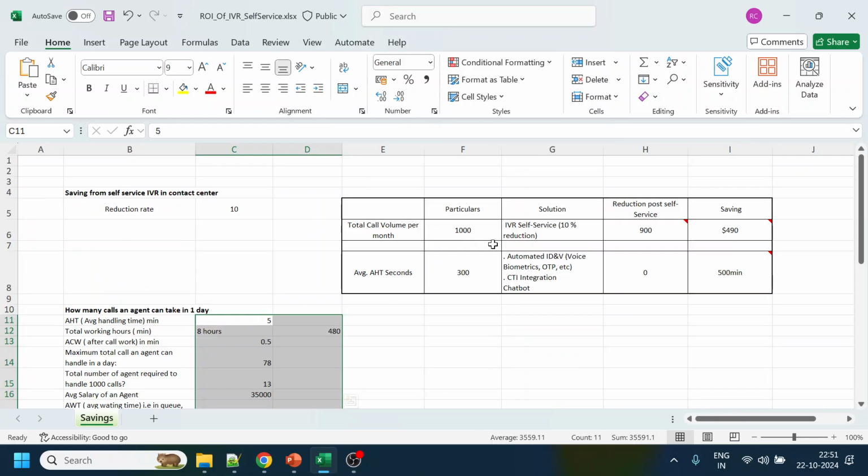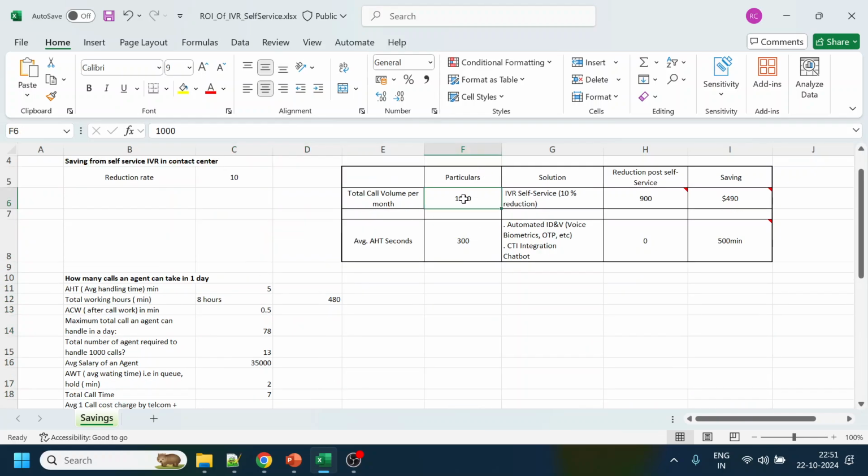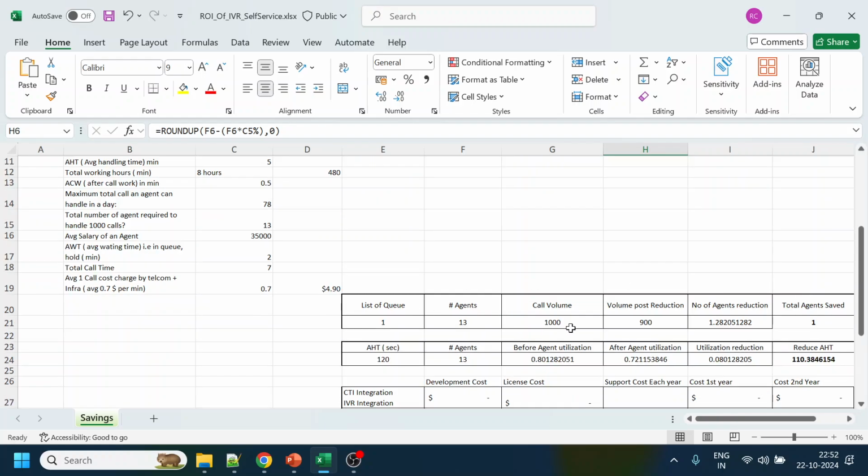Now let's move to how the saving works. Let's say your contact center is getting 1,000 calls, and a 10% reduction means 100 calls out of the 1,000 got self service, and now only 900 calls remaining in the contact center go to agents. We had around 13 agents and 1,000 calls. 900 calls are now going through and 100 calls got auto-resolved or deflected, right?